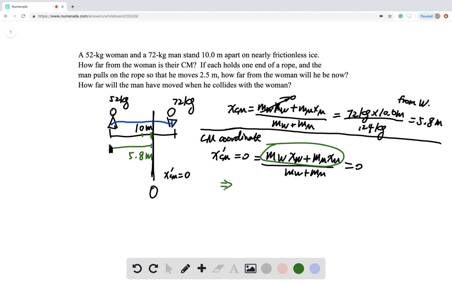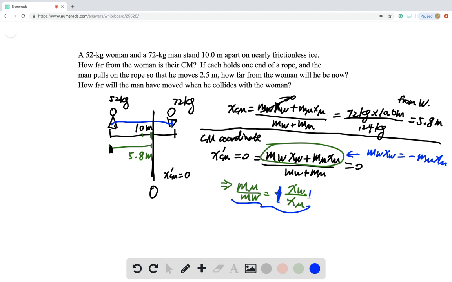The mass of the woman times the distance of the woman is negative the mass of the man times the distance of the man. So the mass of the man divided by the mass of the woman is opposite to the distance of the woman divided by the distance of the man. We have this relationship over here, and we can add absolute value here.